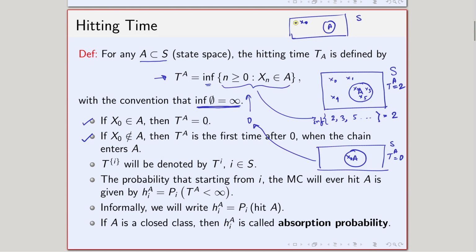Then of course, if the chain starts from this state, I will never visit the set A, and this set will be phi, because for any n, X_n does not belong to A. That means starting from this state, the chain will never visit the states in A, which basically means that in any finite time I will not reach A.